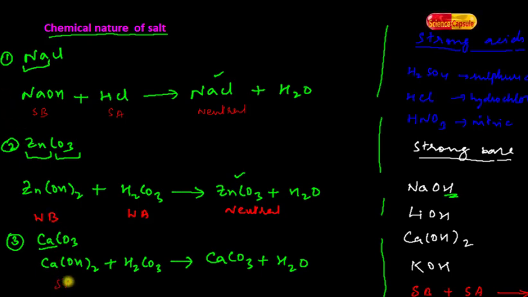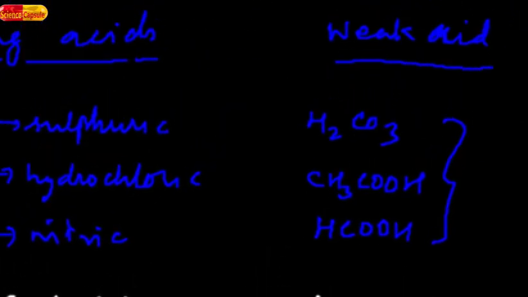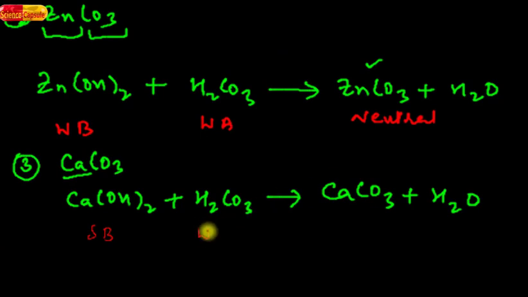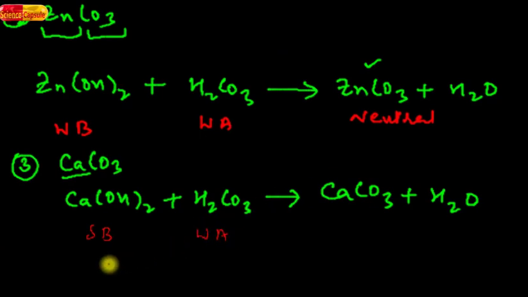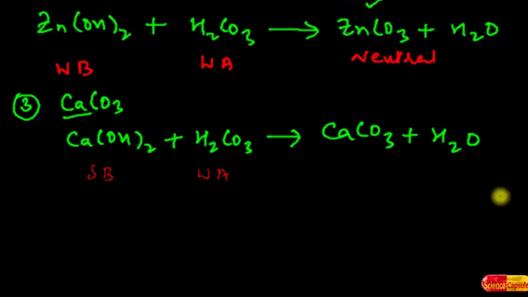And carbonic acid is a weak acid, right? The combination of strong base and weak acid gives a basic salt. So this salt will be basic since it is obtained from the combination of a strong base and weak acid. So the strength is basic, so the salt obtained would be basic in nature.